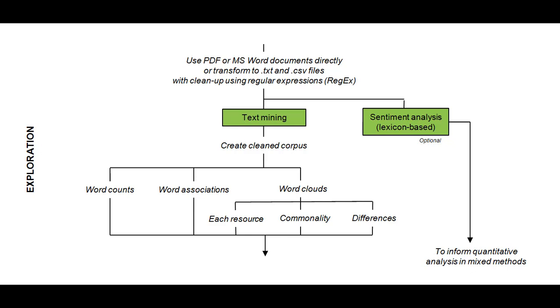Key text mining tasks are word counts, word associations, and word clouds, which can also be used to highlight commonalities and differences between documents. These allow you to explore the word content of resources, but not their meaning, though the analysis and the exploration can inform the coding scheme to be used.